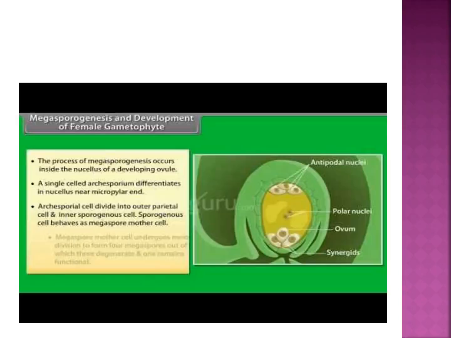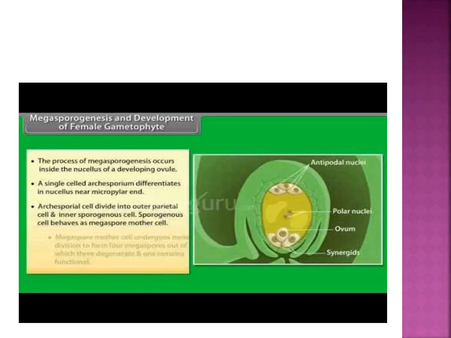The megasporogenesis and development of female gametophyte. In this picture, the antipodal nuclei, ovum, polar nucleus. So the process, what is called ovule? Already I told you.